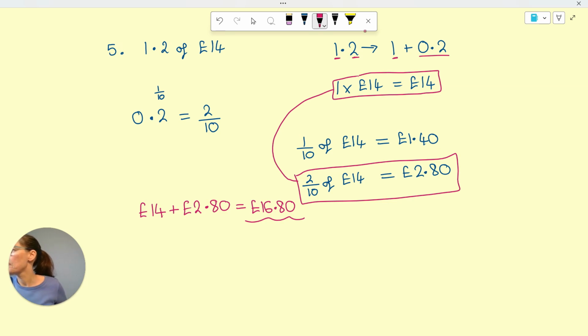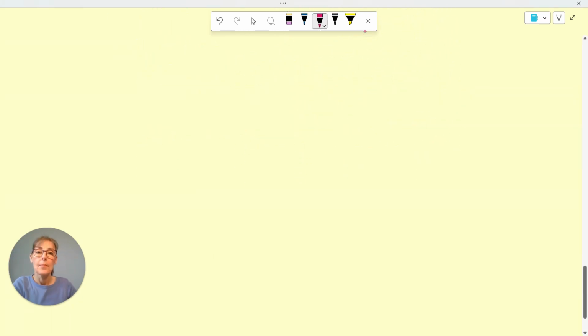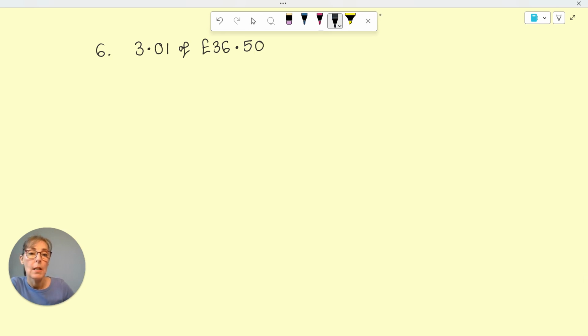Okay. And the last one. 3.01 of £36.50. Now, if you were going to do this on a calculator, you just have to type in 3.01 times 36.5, and that would give you your answer.